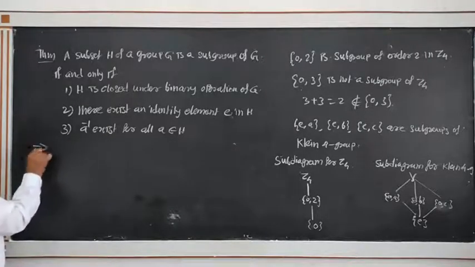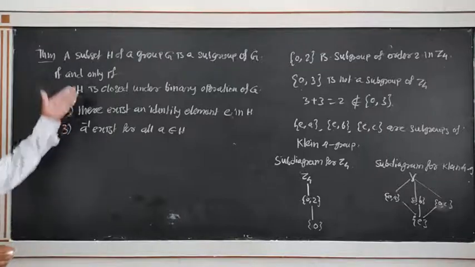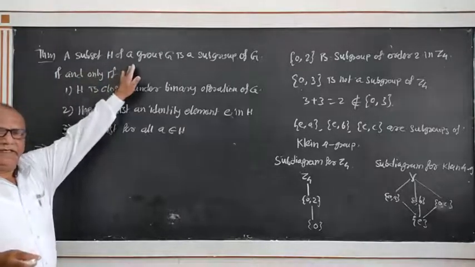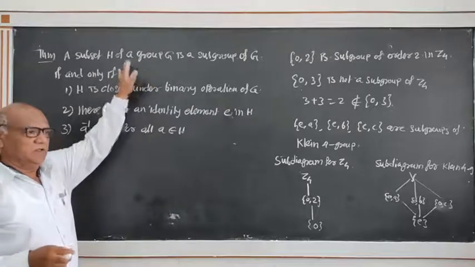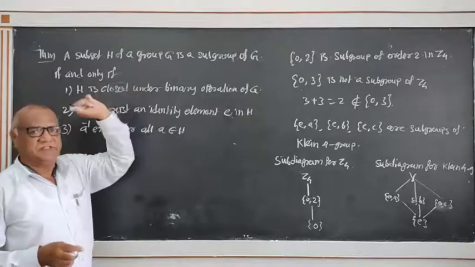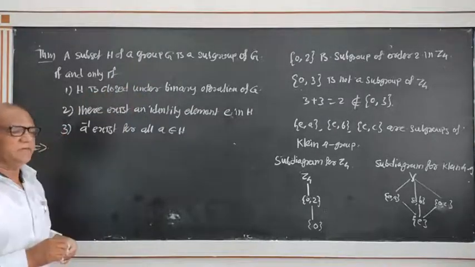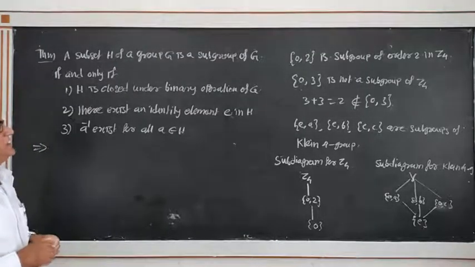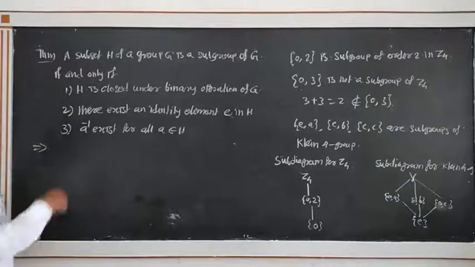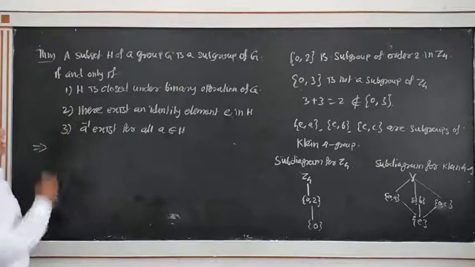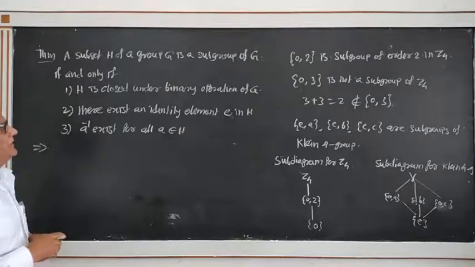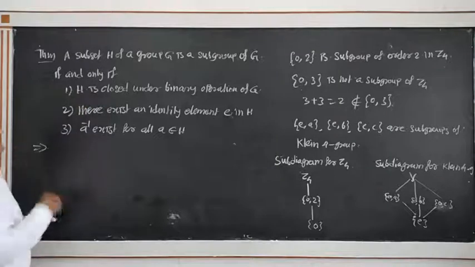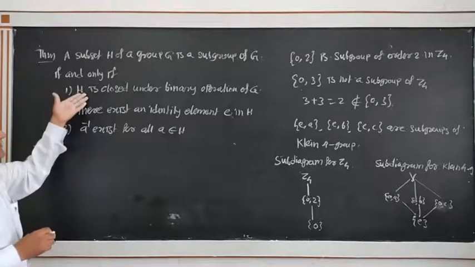Here, if H is a subgroup of G, that means H itself is a group, and these are the axioms of a group.